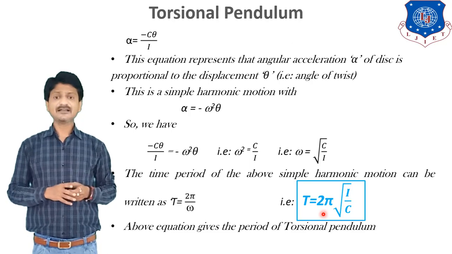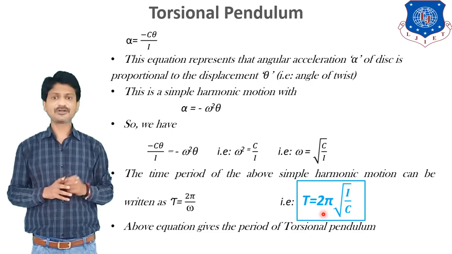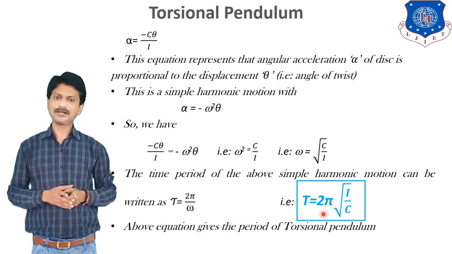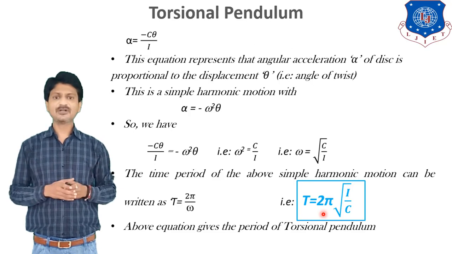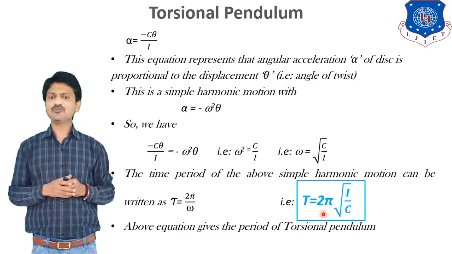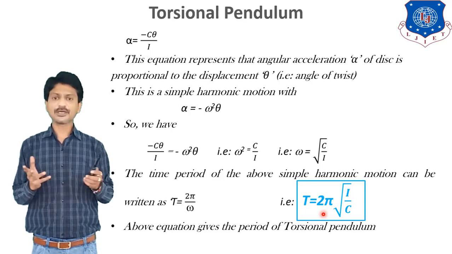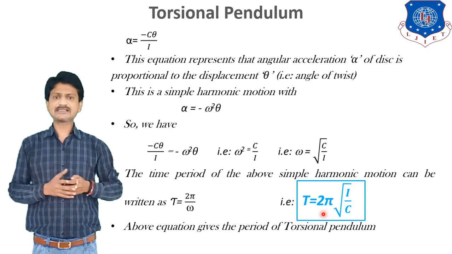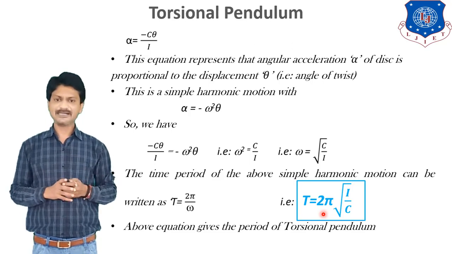Again, I repeat the important steps in the derivation of time period of torsional pendulum. We started with the equation of the magnitude of couple, that is tau. Tau equals minus c theta. But the equation of rotational motion of the system is tau equals I d square theta by dt square.